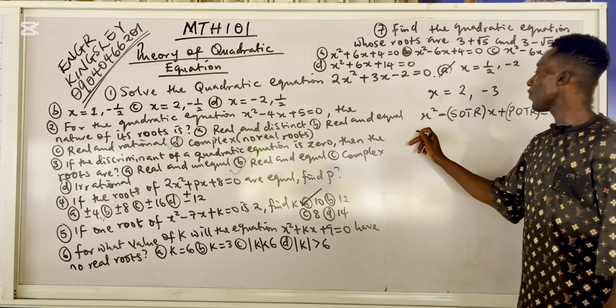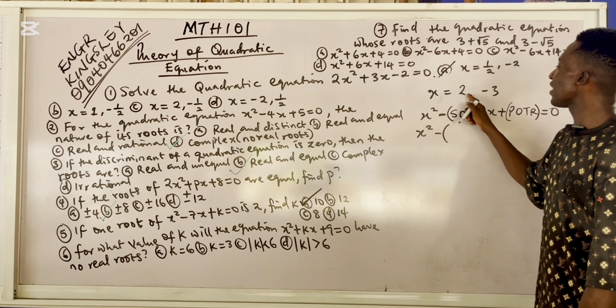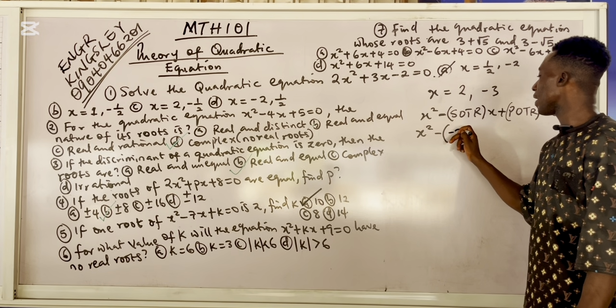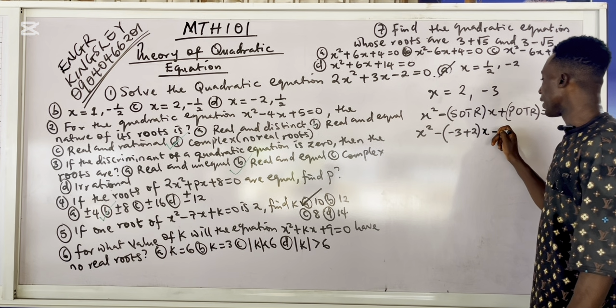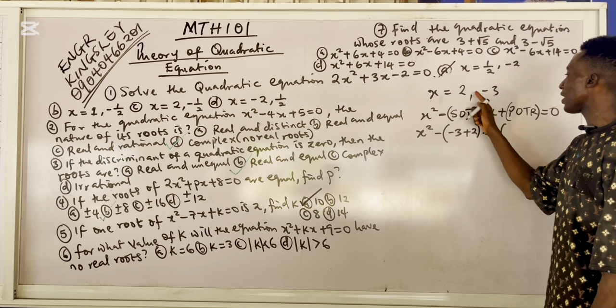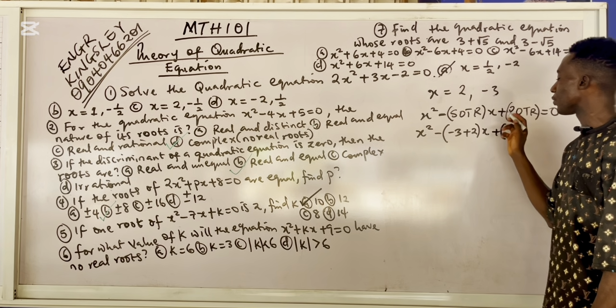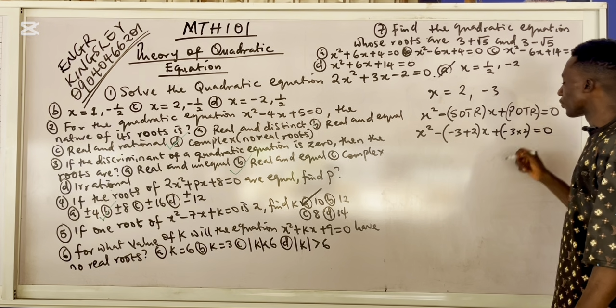So you have x squared minus the sum of the roots, which is adding the two roots together. You have -3 plus 2 as the sum of the roots, multiplied by x, plus the product of the roots, which is multiplying both of them, -3 times 2, all equal to 0.